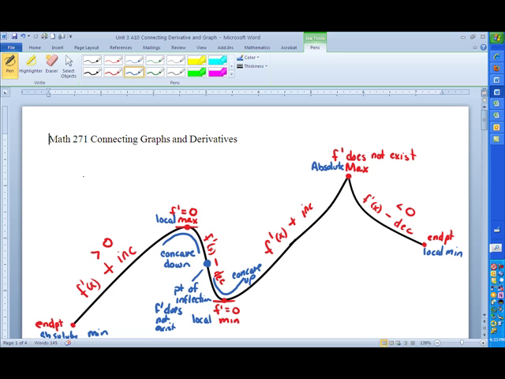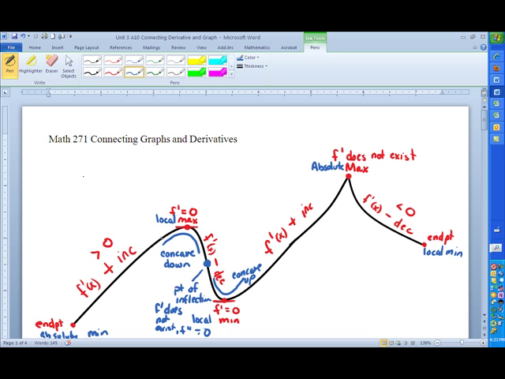It is also where your second derivative equals 0. And we'll summarize this in just a moment. I'll show you an example of the second derivative equaling 0.